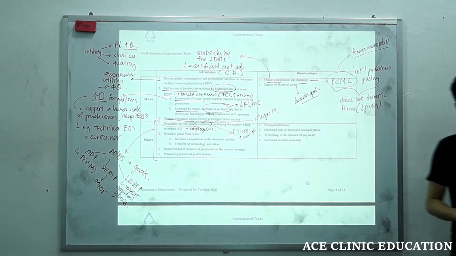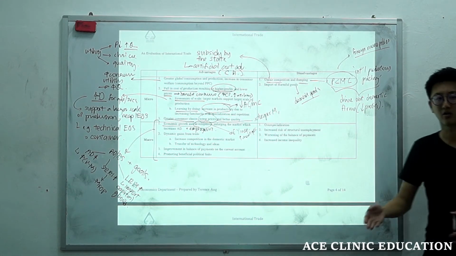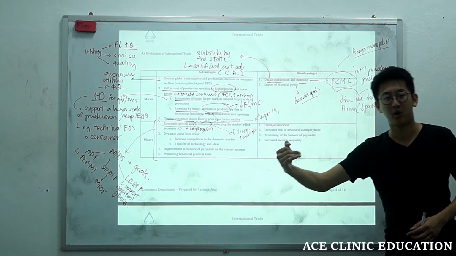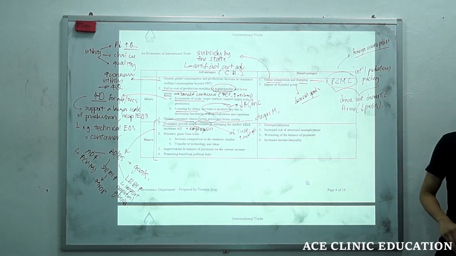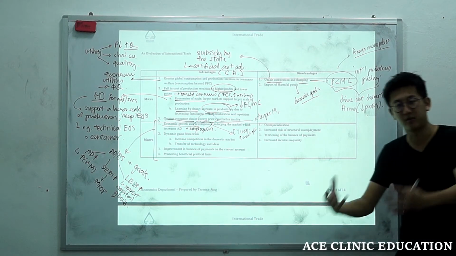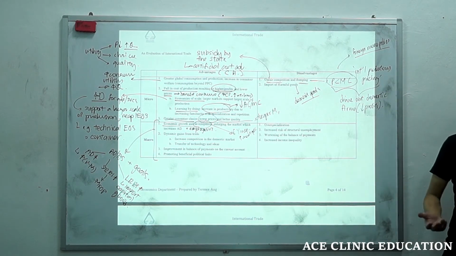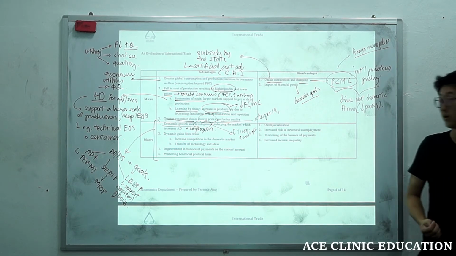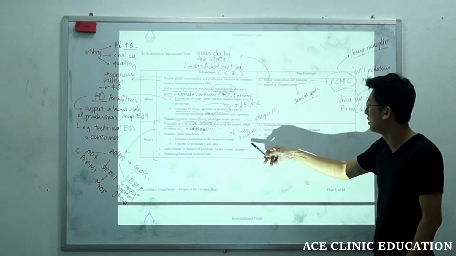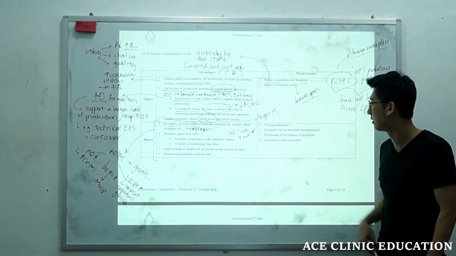So the whole point is, particularly for developing countries, when they trade, the extra GDP growth will help them in economic development as well. Otherwise they've got no money. They've got no money to grow, no money to build infrastructure, no money to redistribute, no money to build schools and so on. Which one? Income inequality, very good. Lower income inequality, very good.